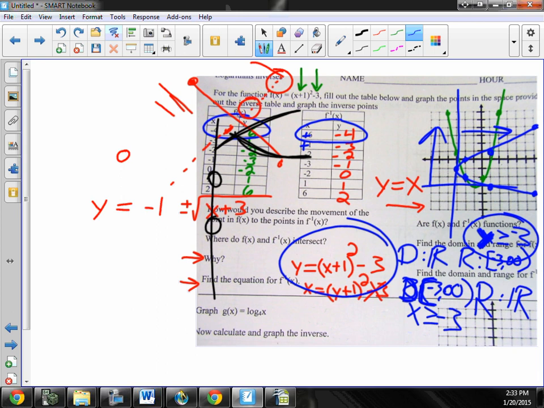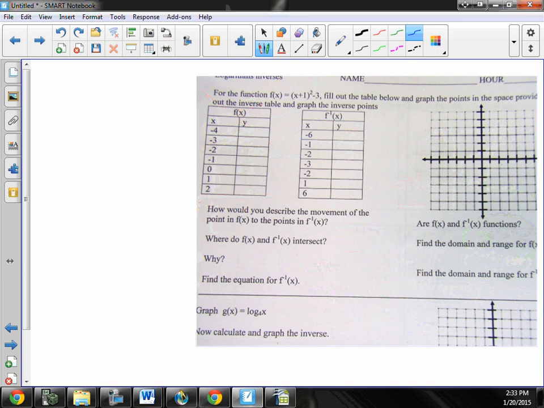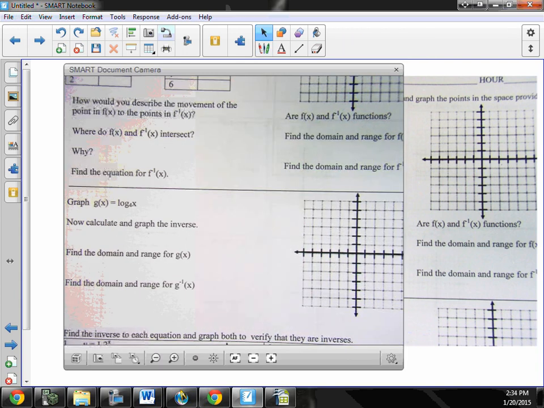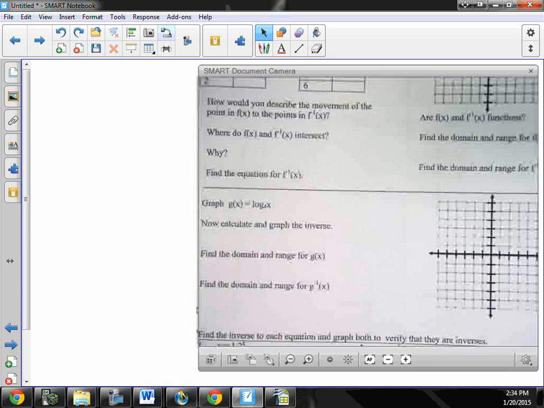Then you'll know. Okay. We're going to do the same thing with logarithms now. So let's take a look at g of x equals log base 4 of x. You need to graph that, but I don't have a log base 4 button.